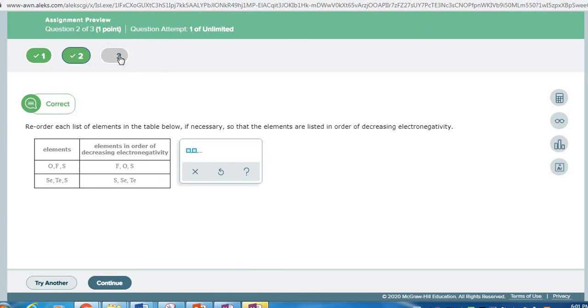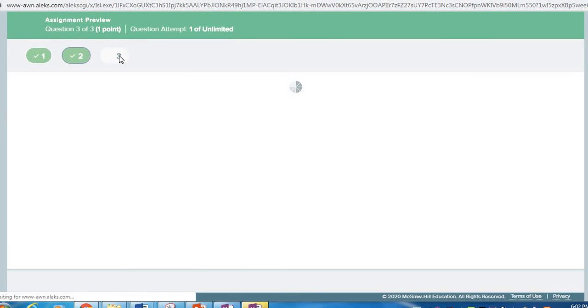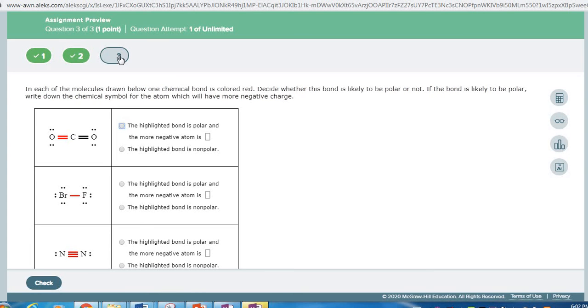Let's go to a last set of problems that we have here, similar to that first one. Okay, let's look at these compounds right here. We have carbon dioxide, and the important thing to remember here is it's highlighting these red bonds. The overall compound, carbon dioxide, is going to be nonpolar.